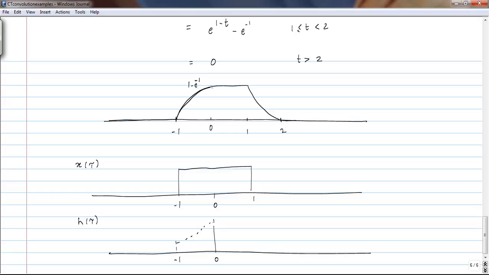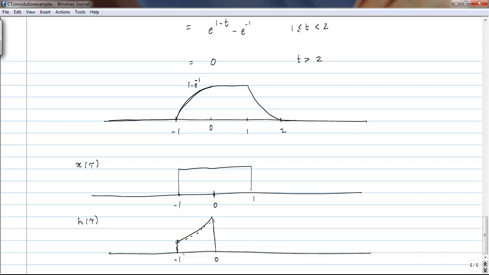But once I've shifted it by 0 or between 0 and 1, notice that this value should not change at all, because if I shift this function anywhere between here and here, right?